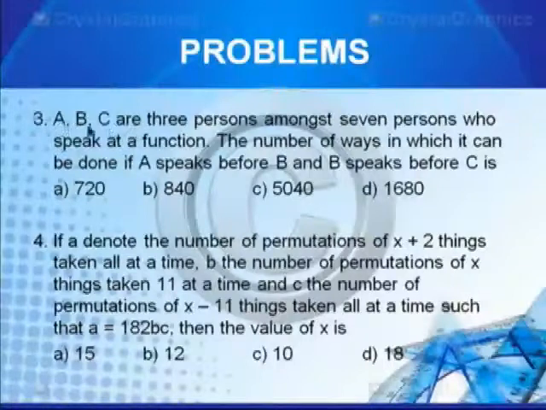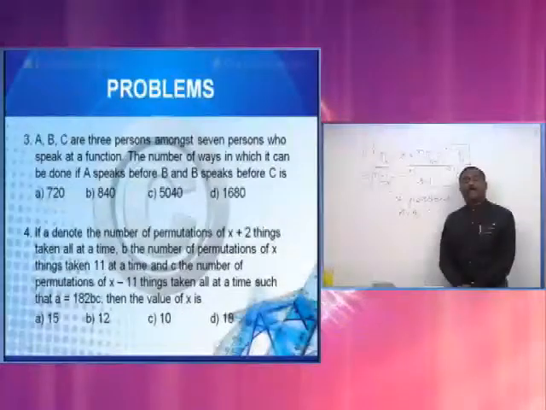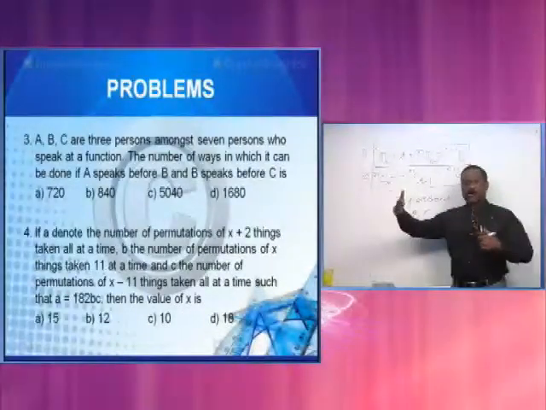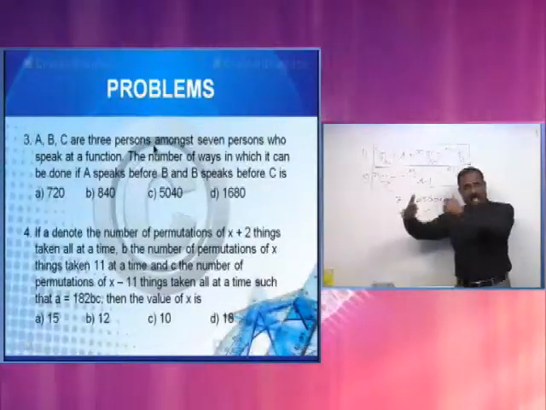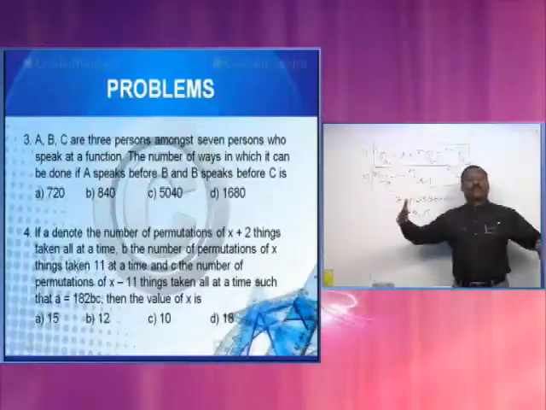A speaks before B means it need not be immediate. B speaks before C, it need not be immediate either. It may be placed anywhere. First A speaks, then only B speaks. B may be anywhere, but A must speak first, after that B speaks, and after that C speaks.